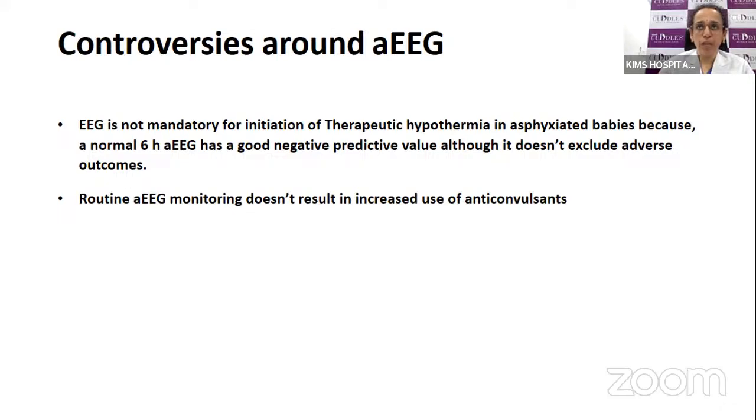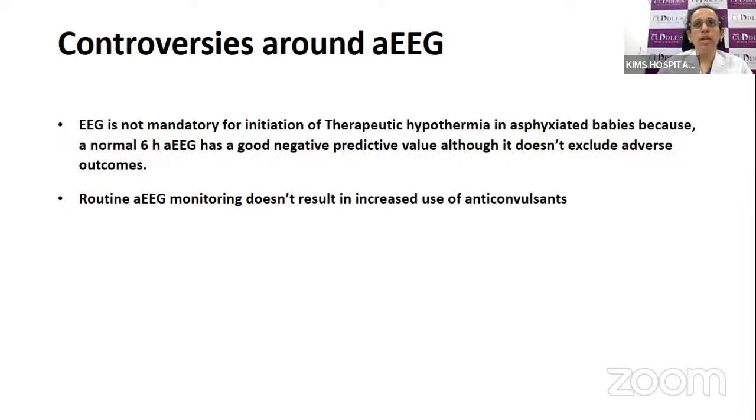So clinically, if you have done the scores for initiating the therapeutic hypothermia, and the baby is depressed, having clinical seizures with the cord blood gas less than the cutoff, based on those NICHD criteria only, we should decide to initiate the therapeutic hypothermia of the babies rather than waiting for the amplitude integrated EEG. A normal EEG has a good negative predictive value, but it does not predict the long-term outcome. So we should not miss the window period of those 6 hours to initiate the therapeutic hypothermia. So this is one pitfall for the amplitude integrated EEG.